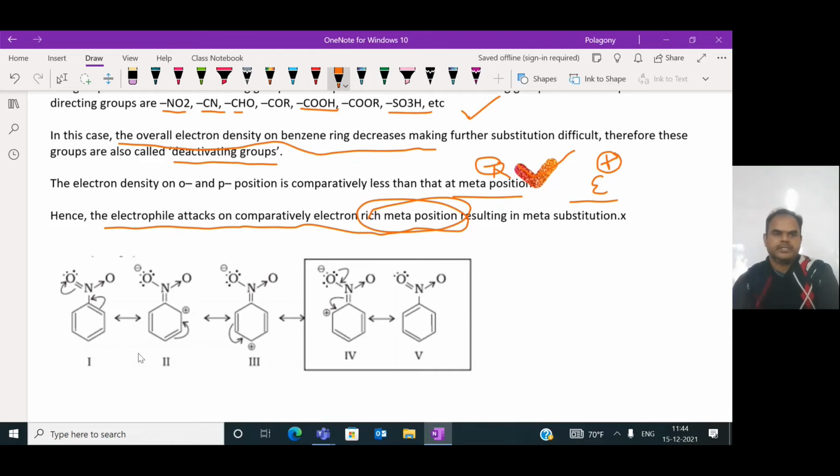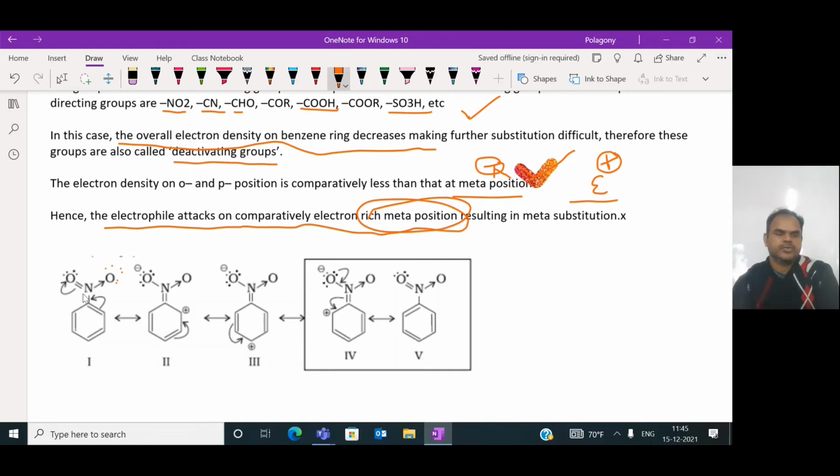So let us look into this compound. This is nitrobenzene, NO2. Between nitrogen and oxygen there is a double bond, and there is a coordination covalent bond. Oxygen has how many electrons? 6, 8.